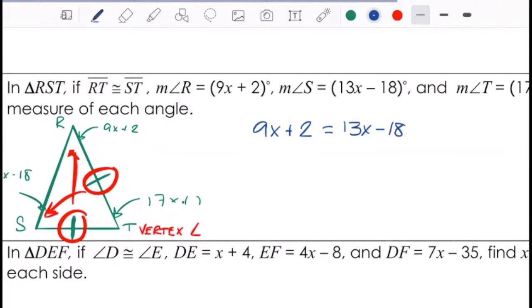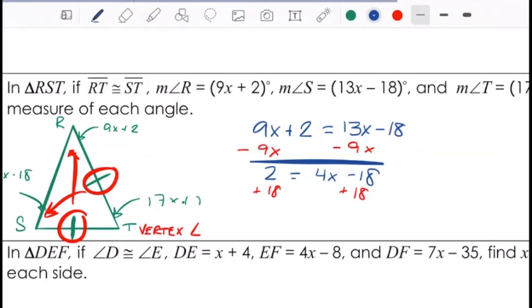We're going to subtract 9x from both sides. 2 equals 4x minus 18. Add 18 to both sides. 20 equals 4x. Divide both sides by 4. So x equals 5.